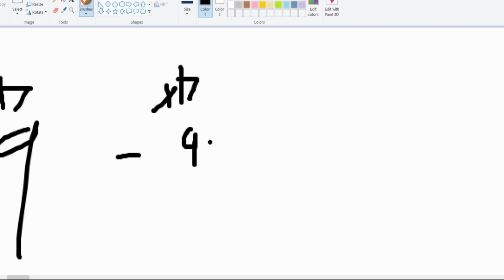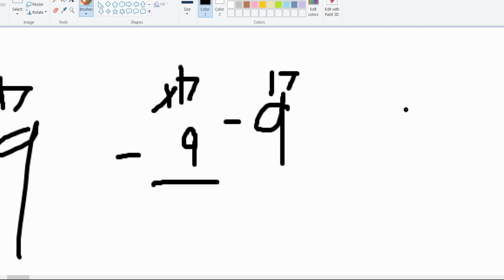This will make it much easier to solve the problem. Now, rather than having 7 minus 9 lining up, you have 17 minus 9.